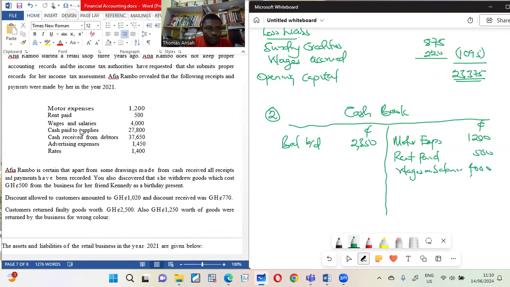Then there was what? Cash paid to suppliers. So suppliers, we pay suppliers, our creditors, 27,800. Then what happened? We also received cash receipts from debtors. So debtors is 37,650. All right.